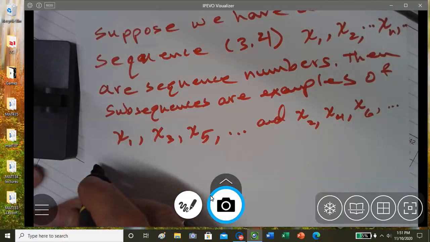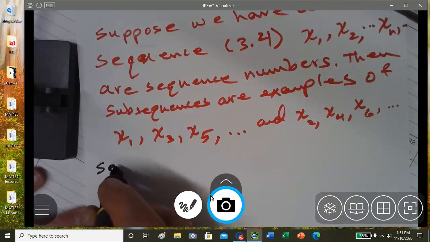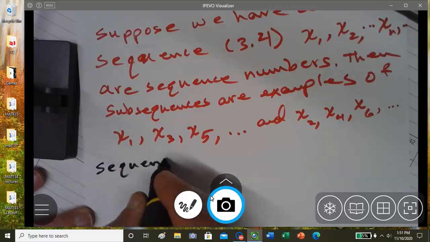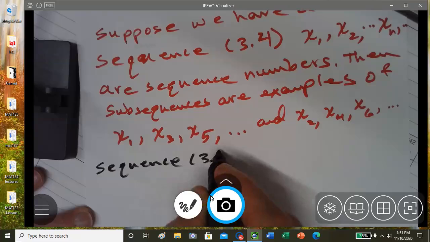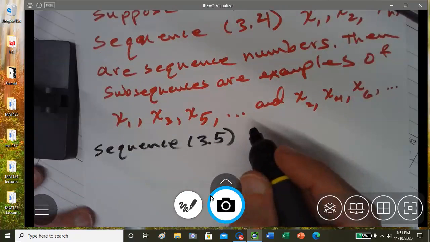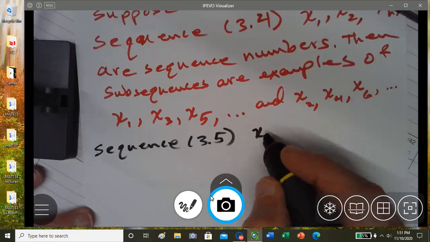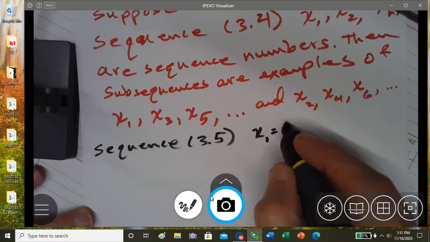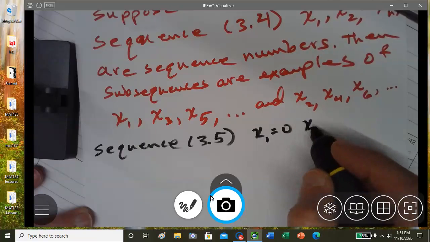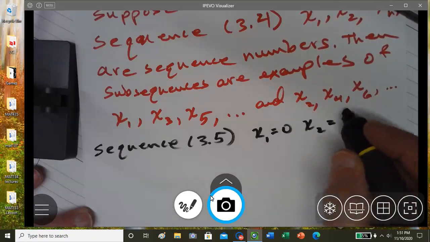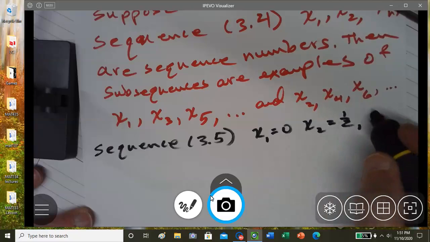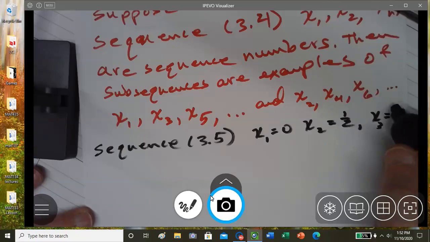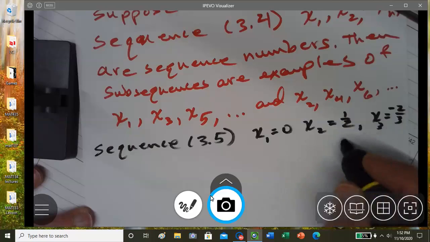Okay, so let's look at numbers here, such as sequence 3.5 in the book. We have x sub 1 equals 0, x sub 2 equals 1/2, x sub 3 equals negative 2/3, and so on.